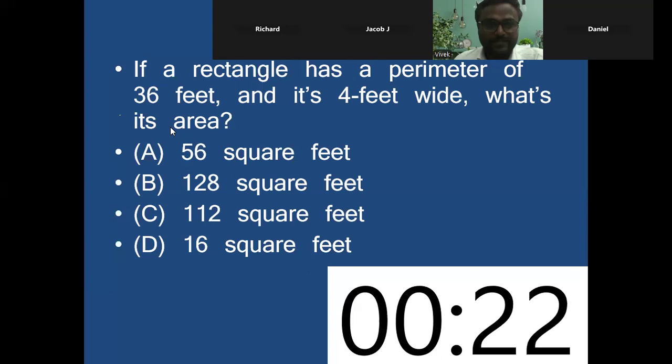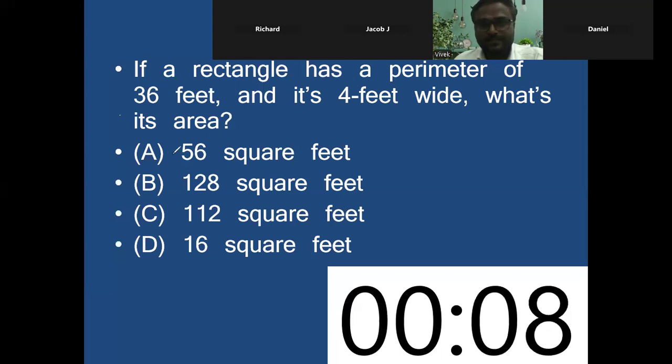Richard also got it right. Time up. I hope everyone got it. If someone wants me to explain it, please let me know in the chat box. I'll explain it. Otherwise, we'll move on to the next question. Yeah, Frederick wants me to explain it to him.